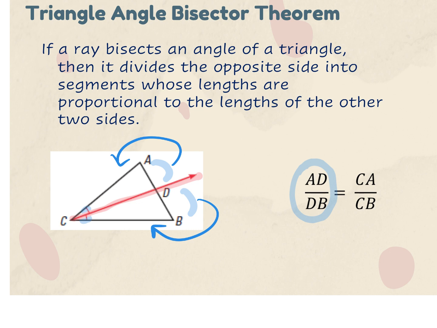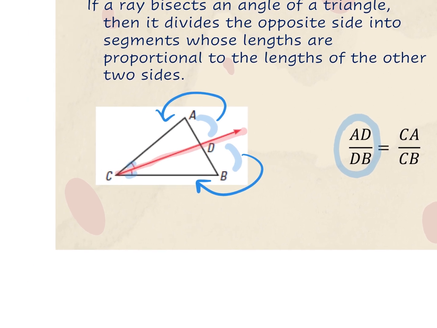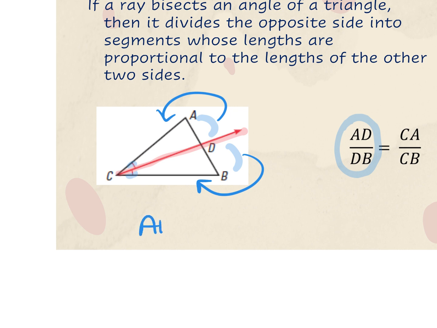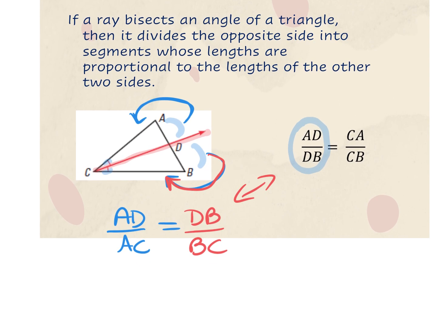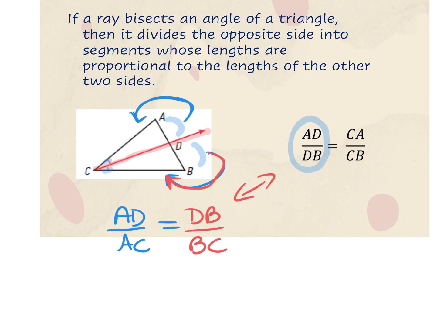Now, what you could also do is set it up as AD, and then the side that it's next to, AC, and then here you could do the DB and the side that it's next to. Either way, either proportion, it doesn't really matter. You can also flip the fractions.